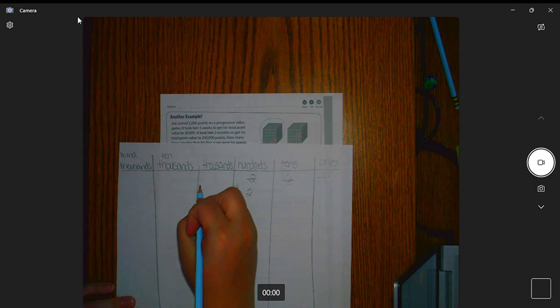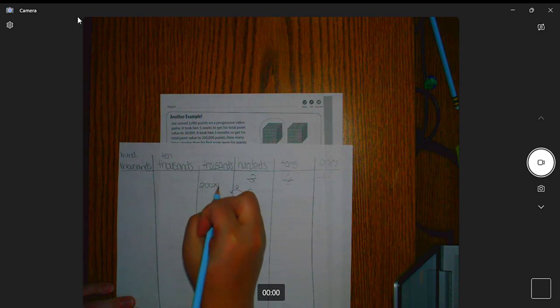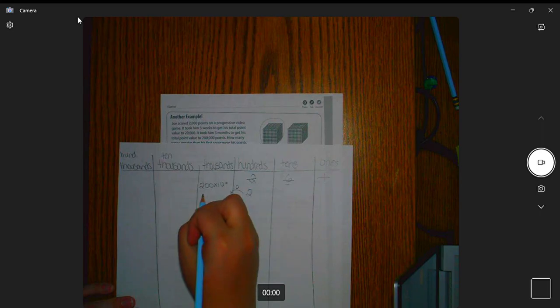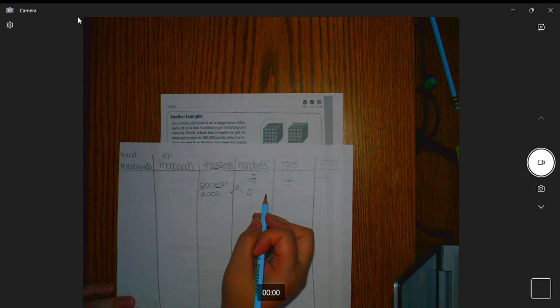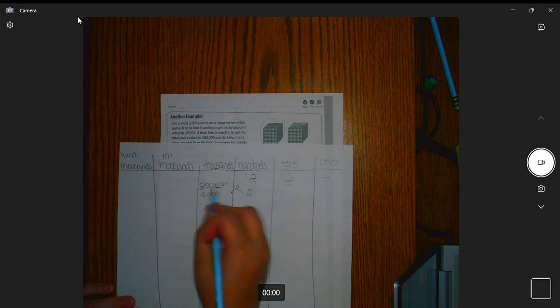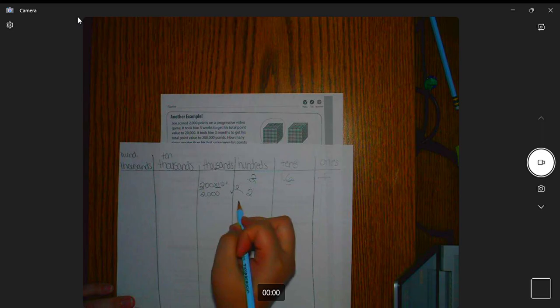So 200 times 10 equals 2,000. And I can double check myself because my basic fact is 2 times 1. That's the fact I know I can see. And then I just count my zeros in behind it. So I would have 3 zeros.